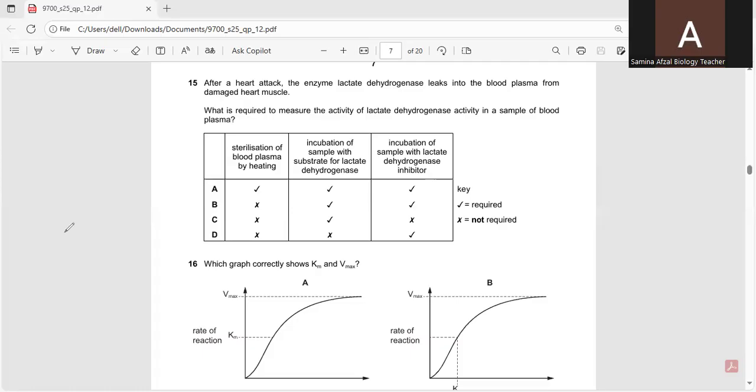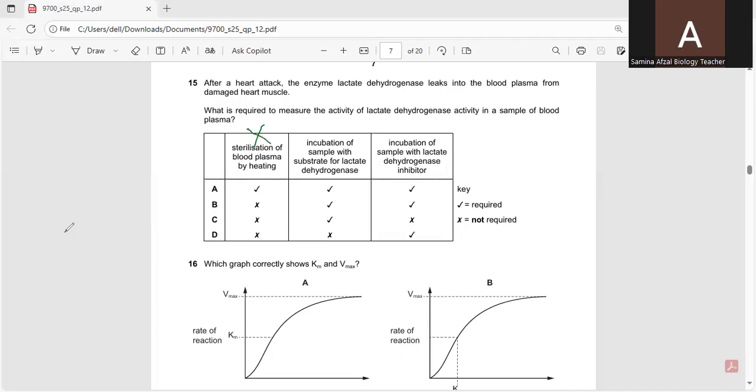So here I would like to say that sterilization of blood plasma by heating. If we sterilize the blood plasma by heating, then you can see it will denature the enzyme. Due to denaturation, it will become inactive.